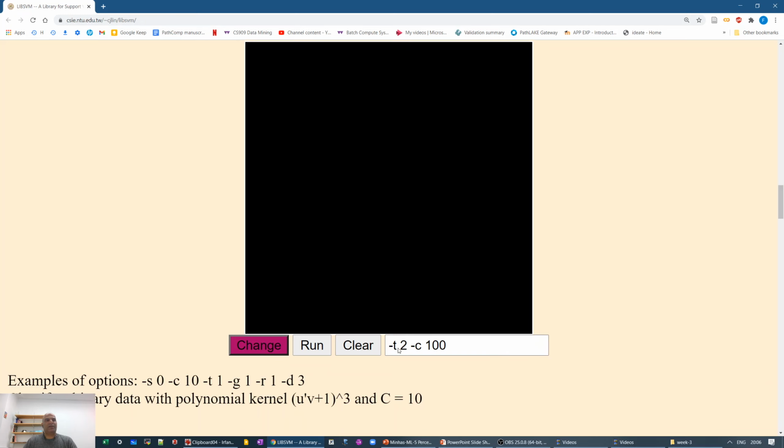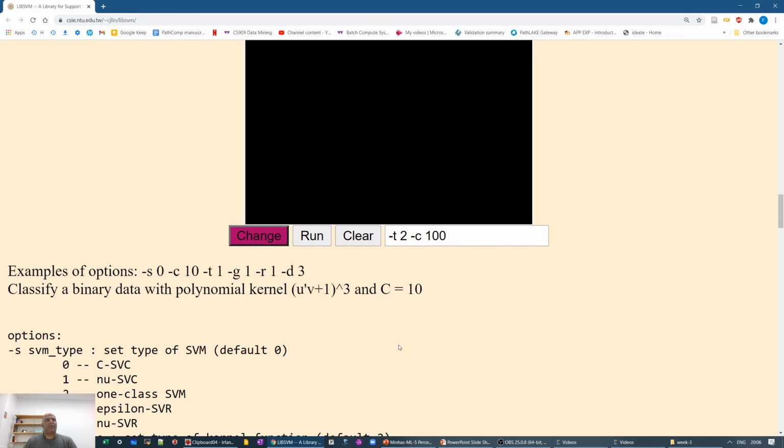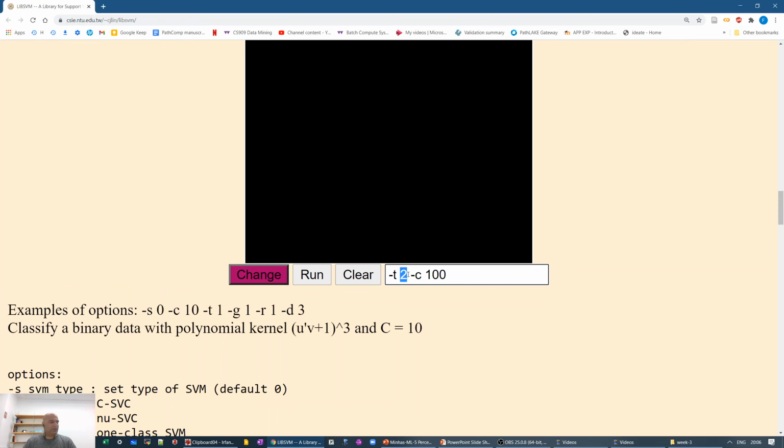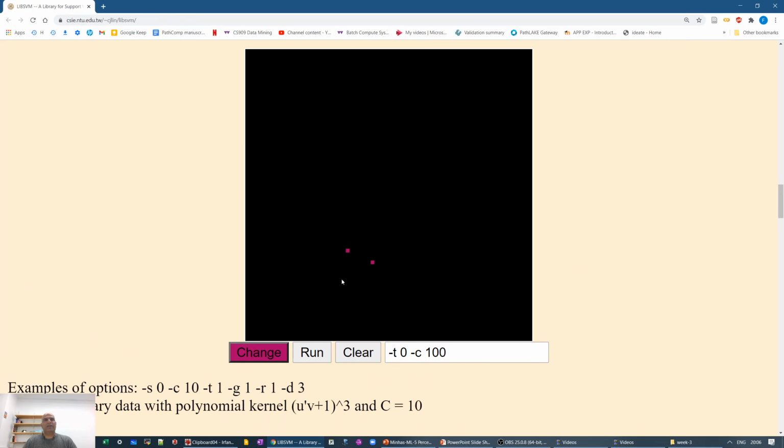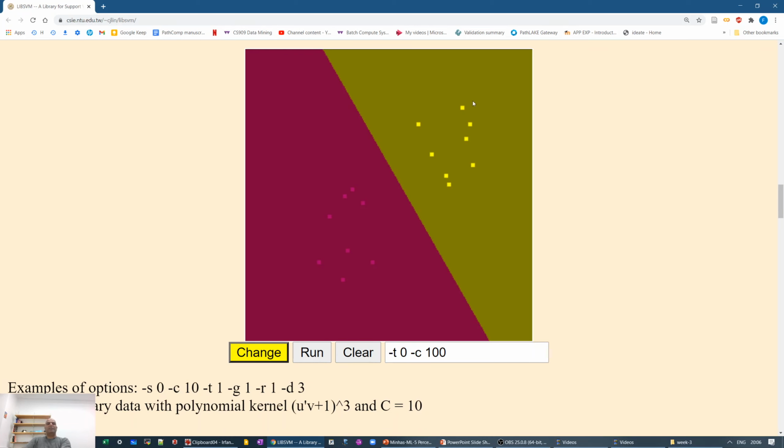What it allows us to do is to make some data points like this one, and then you can specify another class, and then if you run the support vector machine, it simply generates the classification boundary that would be generated by the support vector machine after optimization.